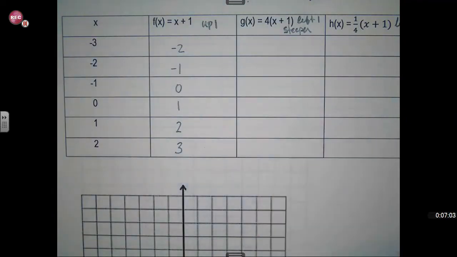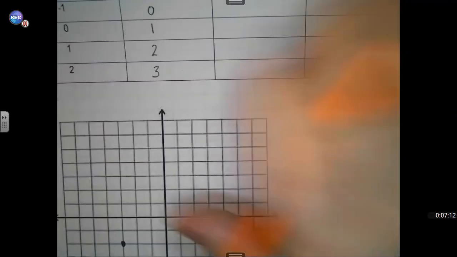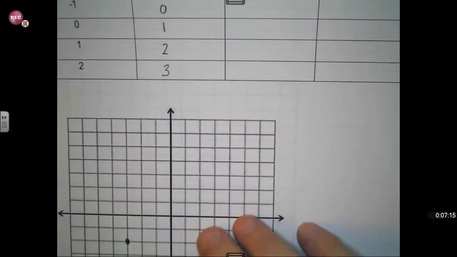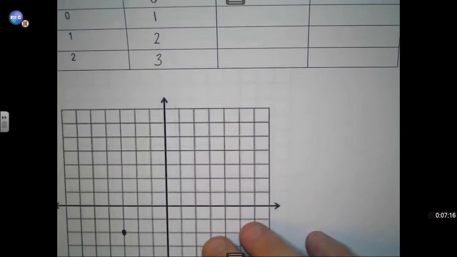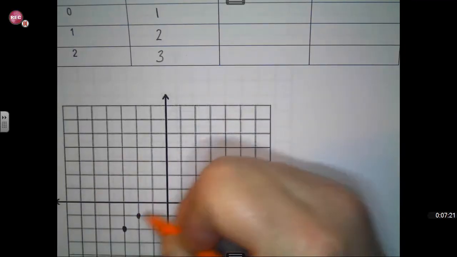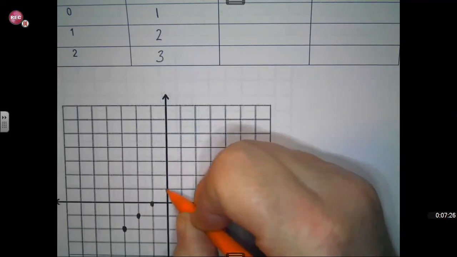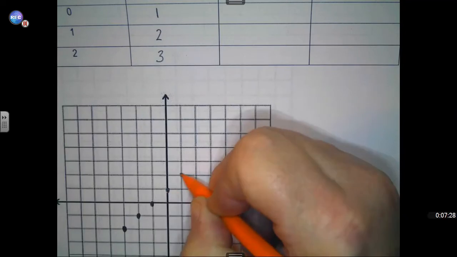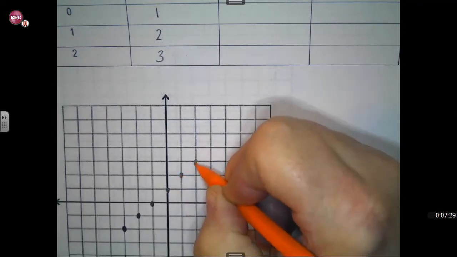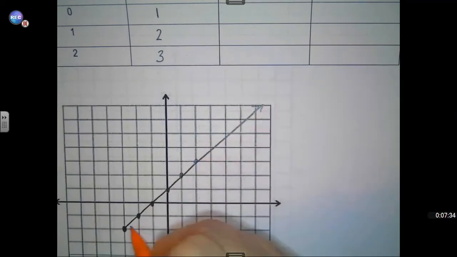And we can plot those points: (-3, -2), (-2, -1), (-1, 0), (0, 1), (1, 2), (2, 3). And that is that first line.